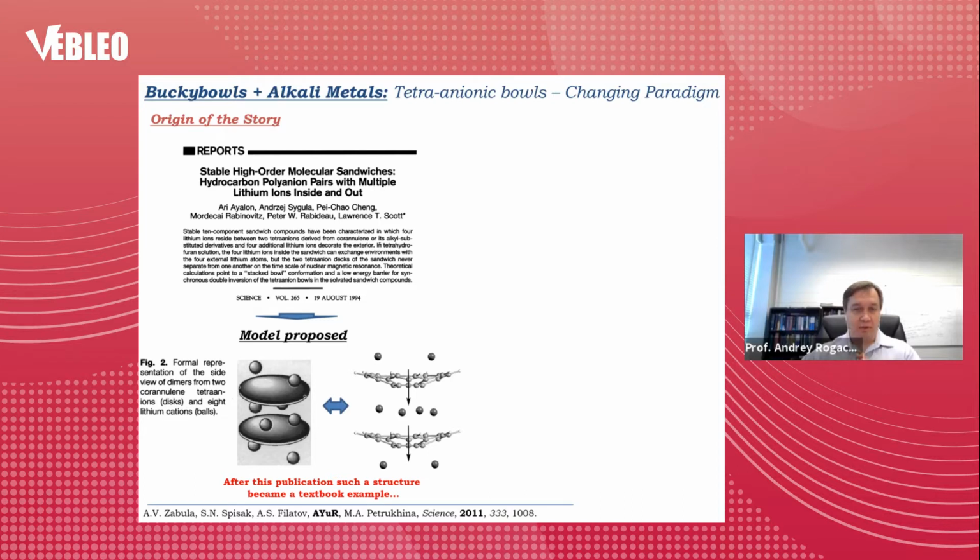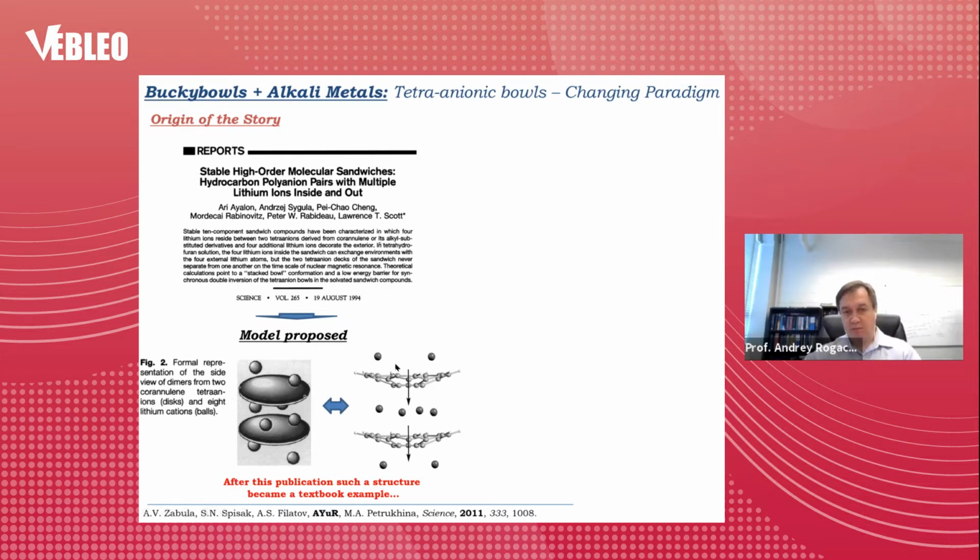In their experimental study, based purely on lithium NMR data, they concluded that corannulene, the simplest prototypic buckybowl molecule, in a highly reduced state in solution doesn't want to stay alone and tends to form supramolecular aggregates. Based on these lithium NMR observations, they came up with the model presented here.